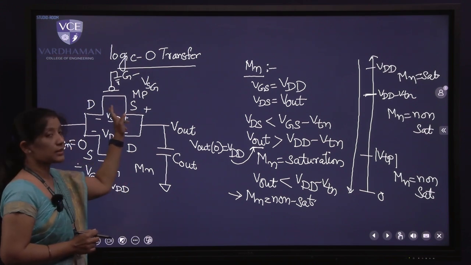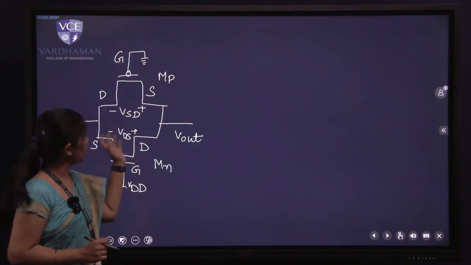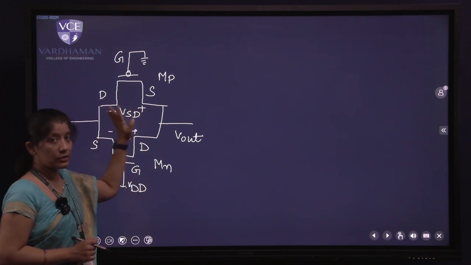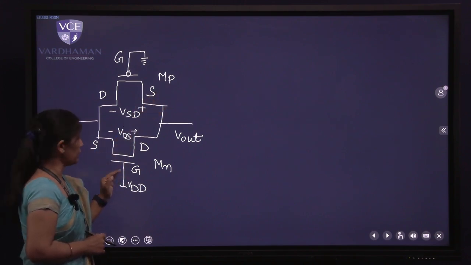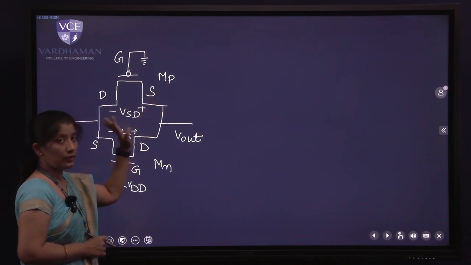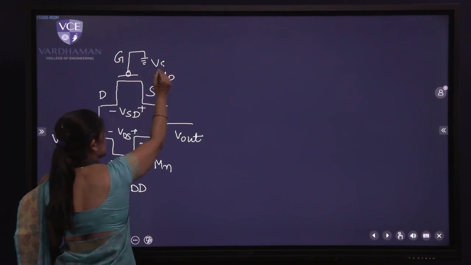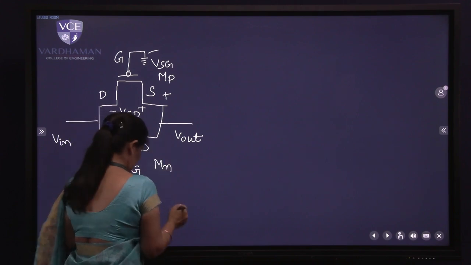Quite similarly, let us take my PMOS transistor and let us do the analysis. So now let us see the logic 0 transfer by taking the analysis of PMOS transistor also. For PMOS transistor, what we have done for NMOS, let us do the same thing. So for PMOS transistor, we have to take the voltages VSG. So this is plus and this is minus.